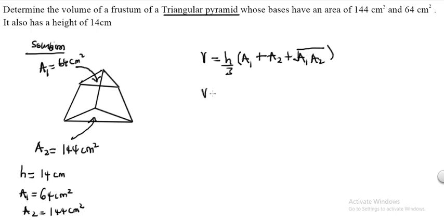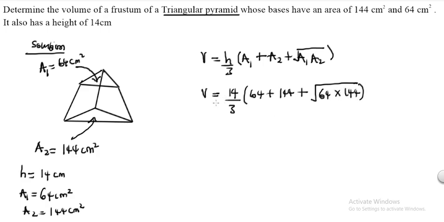So my volume is equal to, now my height is 14 centimeters, so this will be 14 divided by 3, open bracket. My area A1 is 64, so I'll write 64 here, plus my second area is 144, so I'll write 144 here, plus I have the square root of, I multiply my two areas, so this will be 64 times 144. I'll close that bracket.